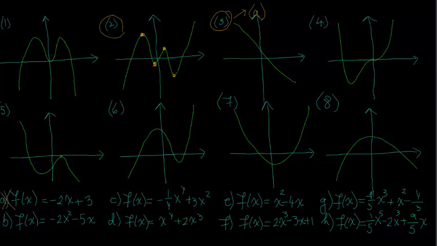It couldn't be a polynomial of degree 4, because a polynomial of degree 4 has at most 4 minus 1, 3 local max and min. Do we have a polynomial of degree 5 on our list? Yes, namely h, so 2 is associated with h.